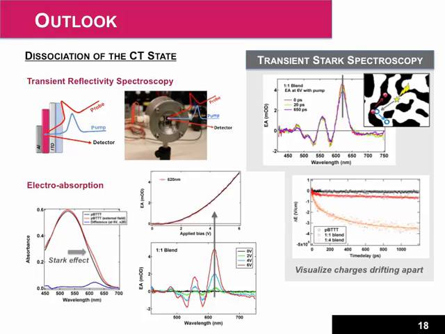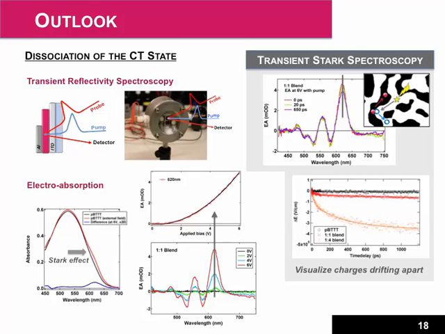And so this is why we saw a big decrease of this electroabsorption when we went to the 1-to-4 blend, which generates a lot of free charges because there's not so much geminate recombination, compared to the 1-to-1 blend, where there's a lot of geminate recombination, so we don't generate so many free charges. And in the pure polymer, you hardly generate any charges, so you don't see a big effect. So we now have something more selective to free charges and something that allows us to see how they're moving apart.